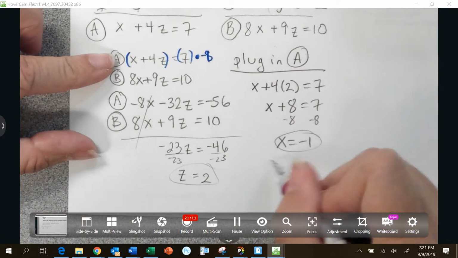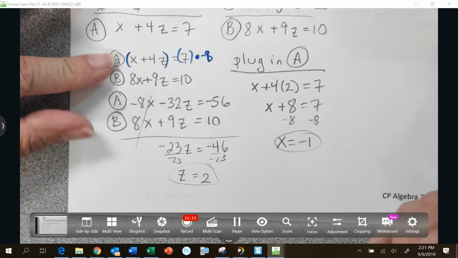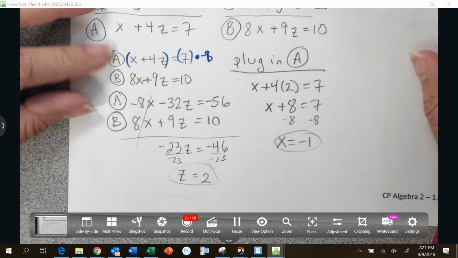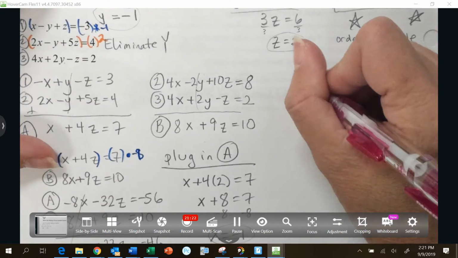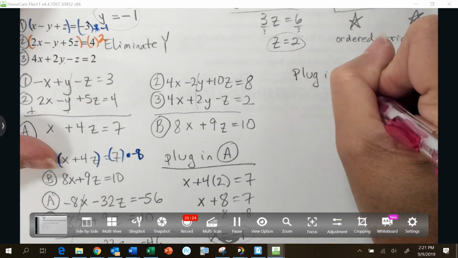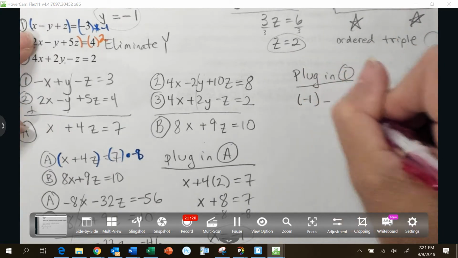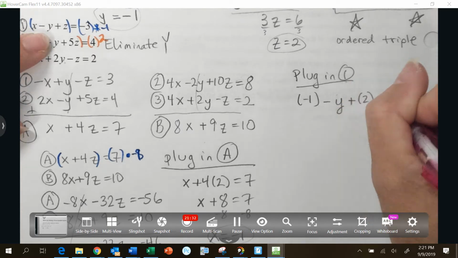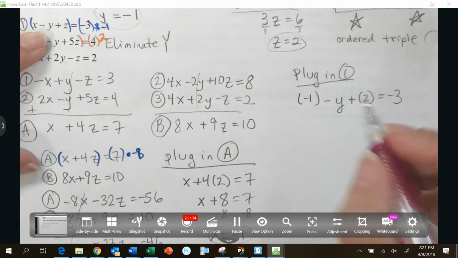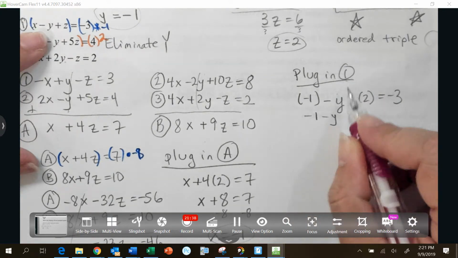So now I have two variables. Now we go all the way back to the original, and we're going to plug in 1. Plug in 2, plug in 3. So x is negative 1, minus y plus z is 2, equals negative 3.